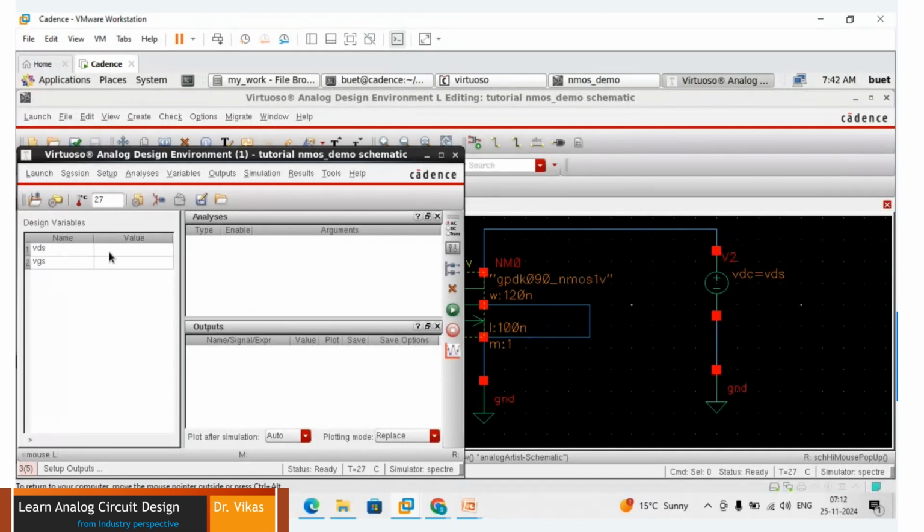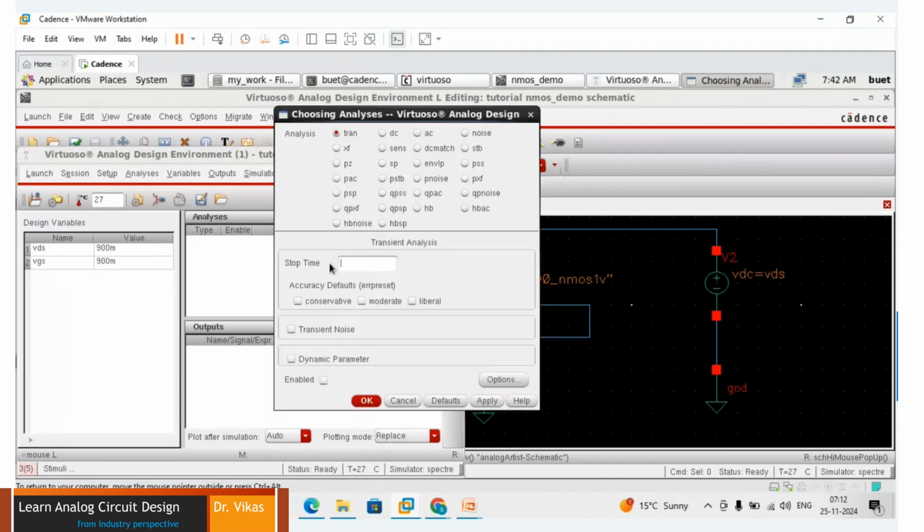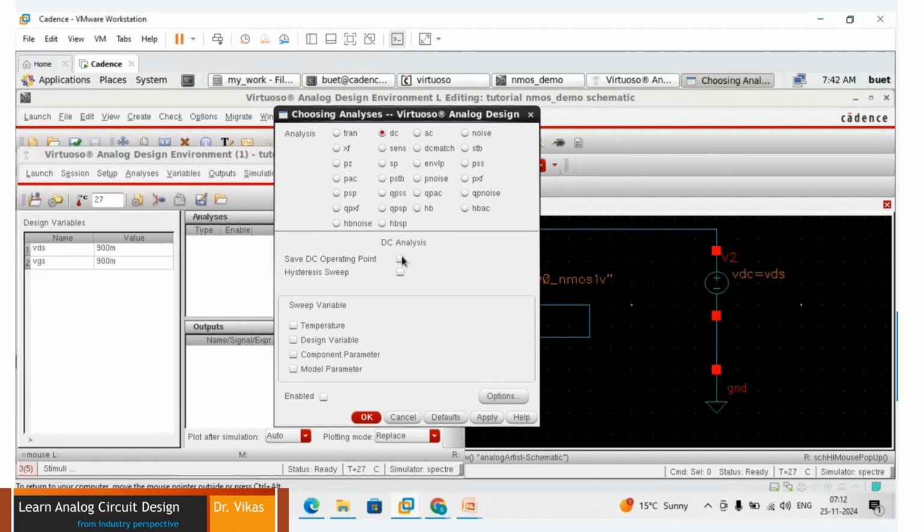These two voltages will come, and I'm going to apply some voltage as 900 millivolt for both of them, and then I'll go to the analysis. I'll choose the DC analysis, and I'm going to say save DC operating point, and then say component parameter.